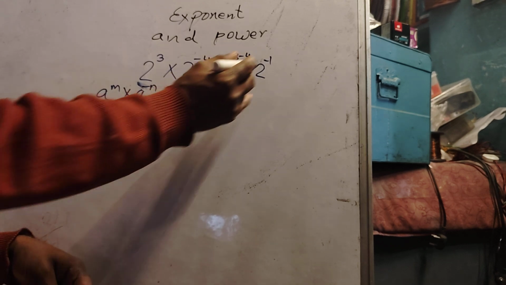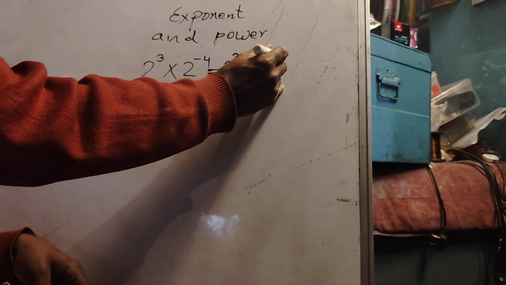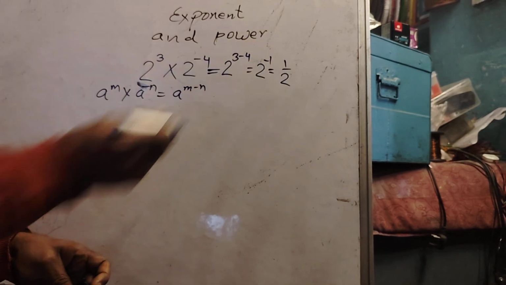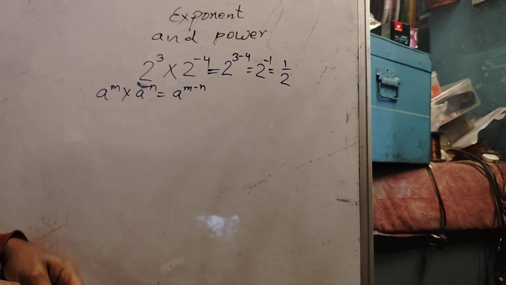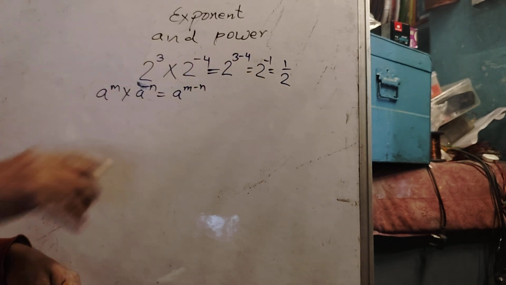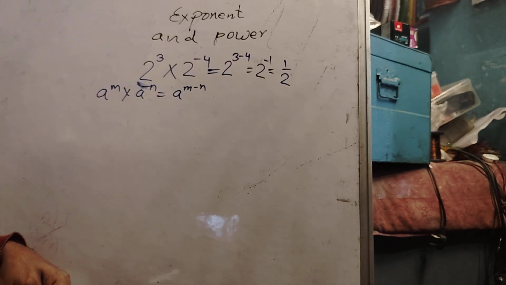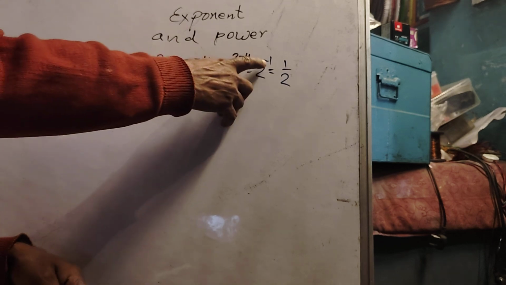And 2 raised to the power negative 1 can be written as 1 over 2, because negative 1 can be converted into positive 1 by switching this into the denominator. So it becomes 1 over 2. 1 over 2 is the answer.